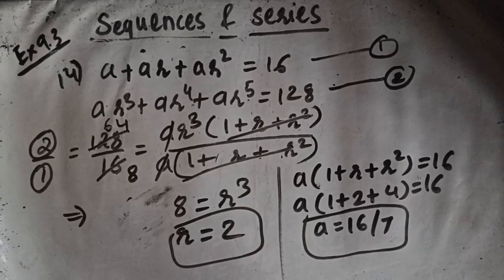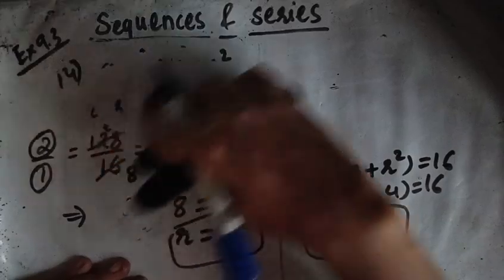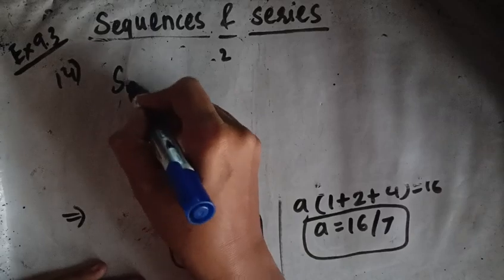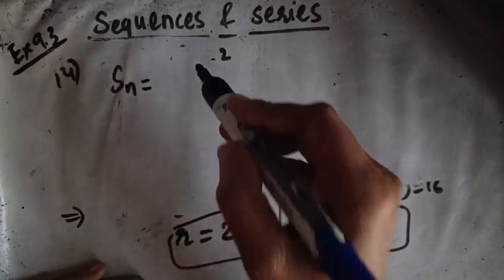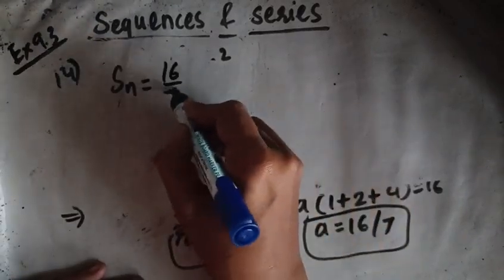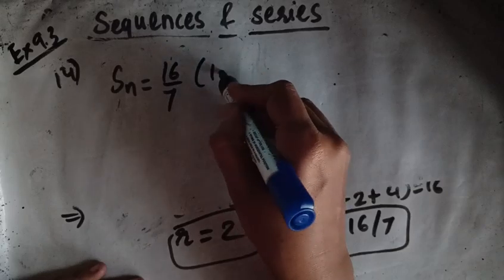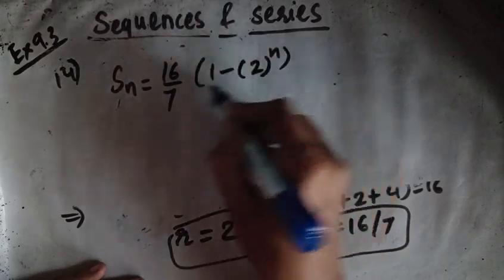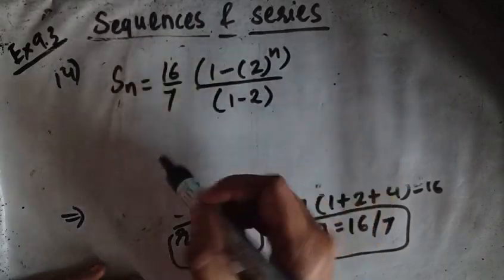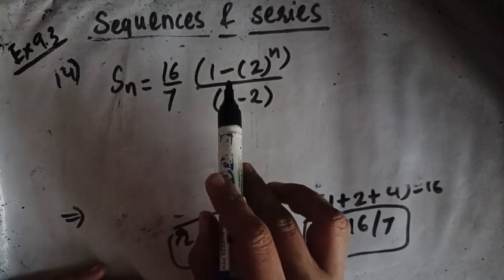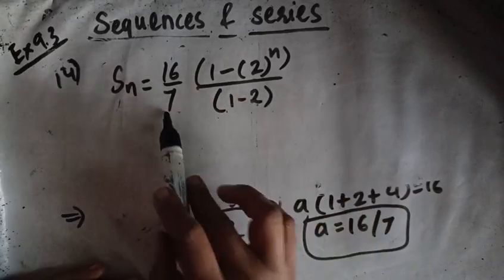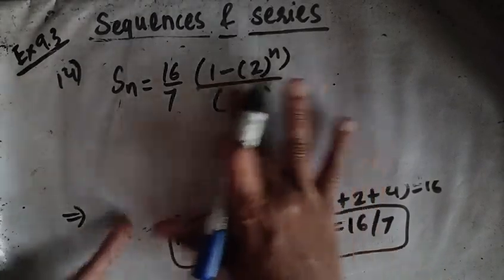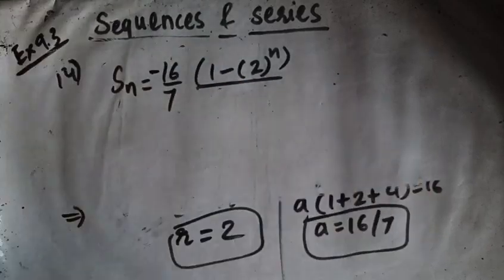Then you have to find the sum of n terms. So Sn, so this is minus. Okay. Minus 16 by 7. And this.